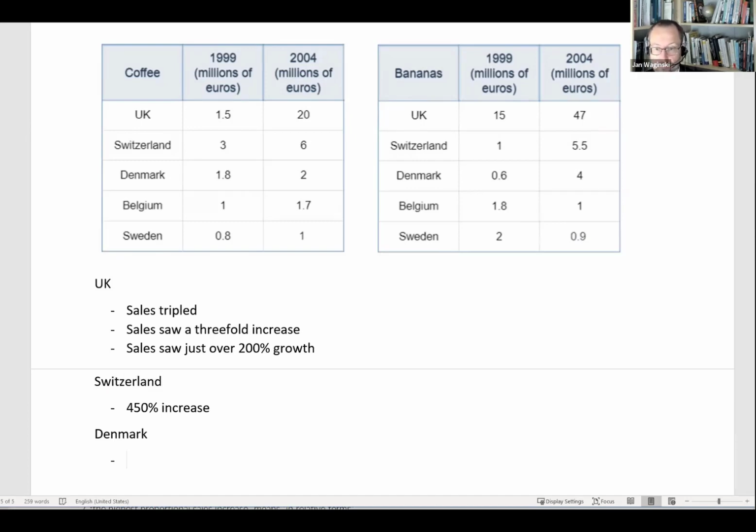How about Denmark? Almost 50%. No, it's 0.6 all the way to 4. Again, I think 450.